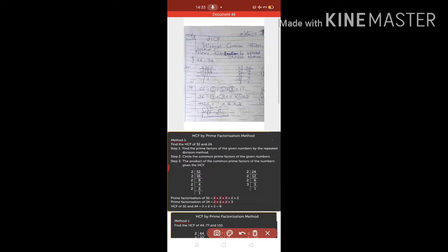I don't know what I will get when I divide by 2. So 2 3s are 6, 0, 6 will be taken down. 2 3s are 6. So I have got 33 as my answer. 2 33s are 66.